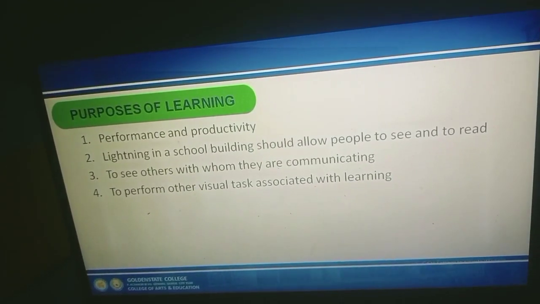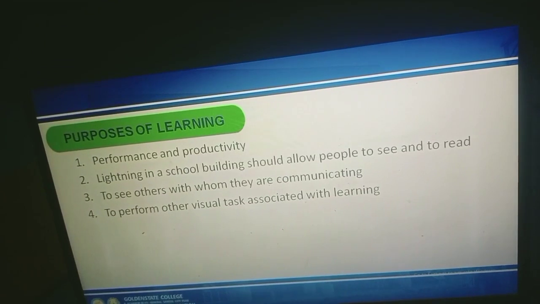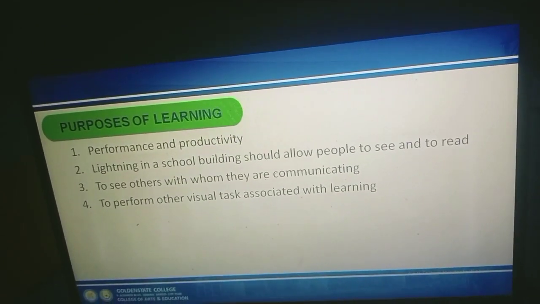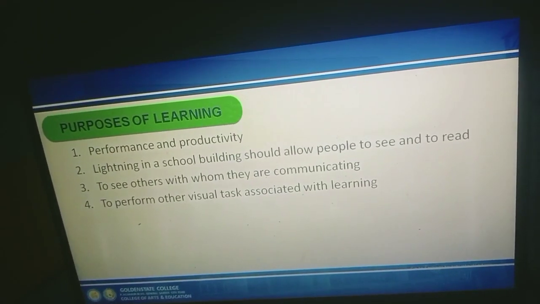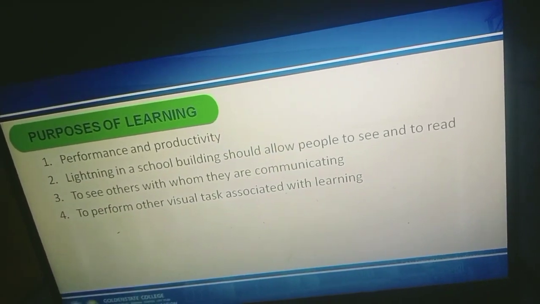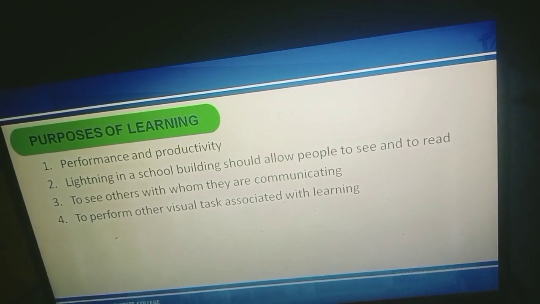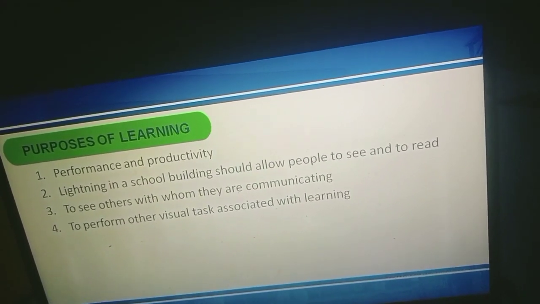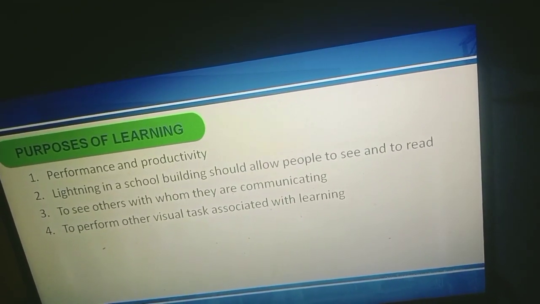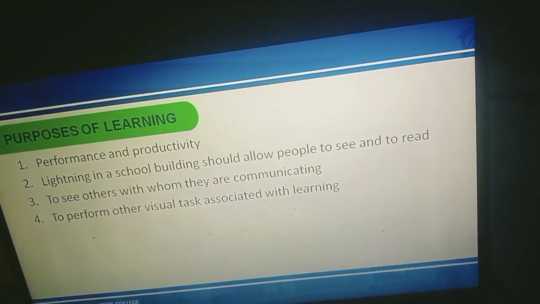Number two, we have lighting, and school buildings should allow people to see and to read. It's really important that your classroom has light, because that is the basis to allow people to see and to read.